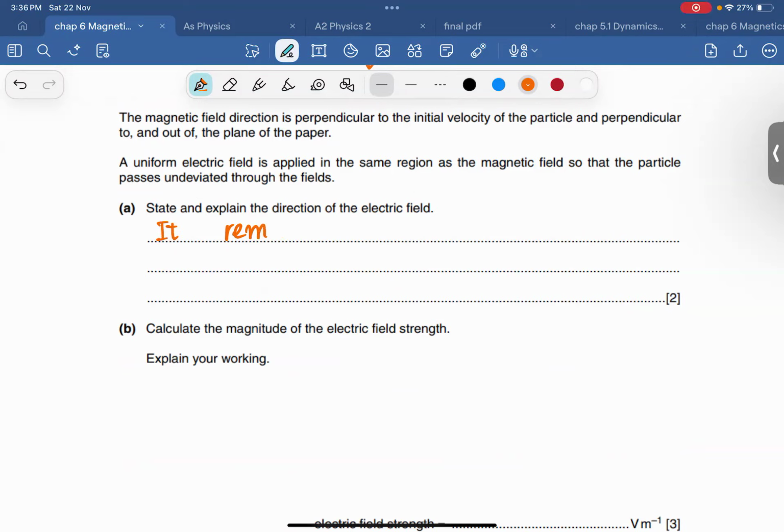So it remains in the same direction, as an electric force.